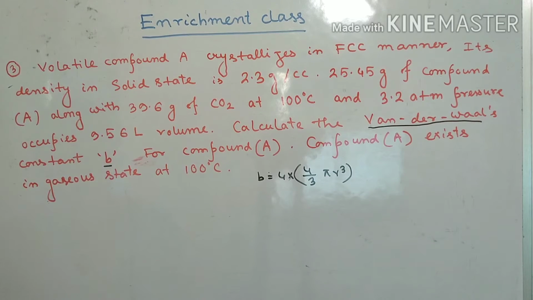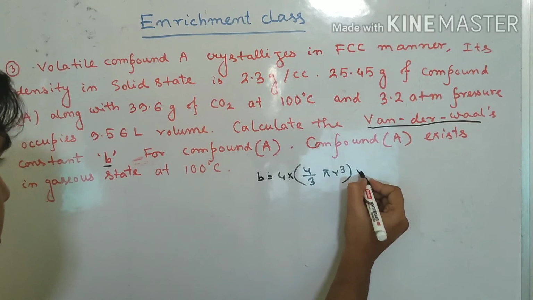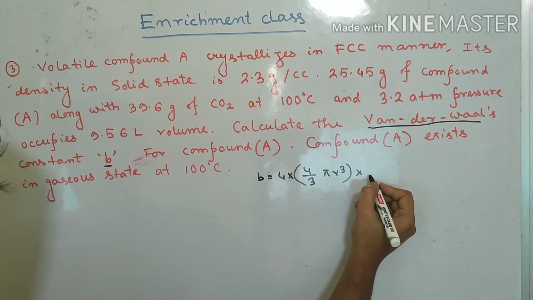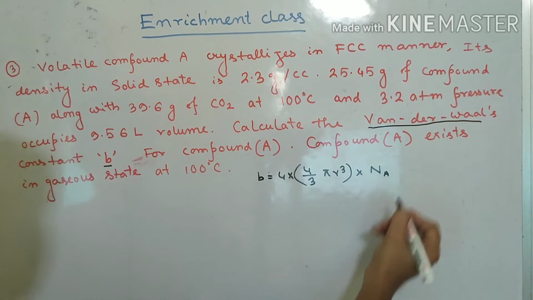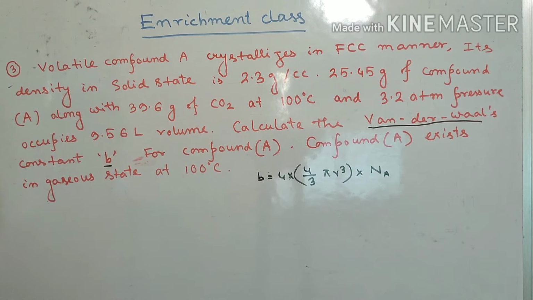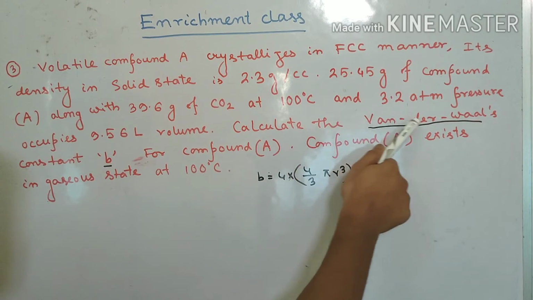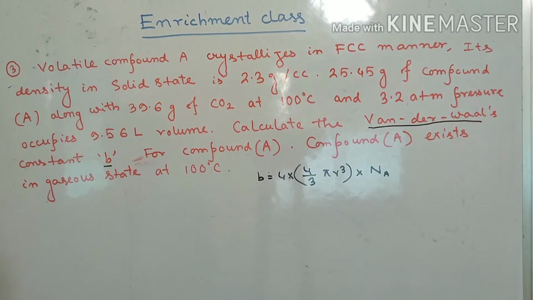Here it should be multiplied with the number of atoms also, Avogadro number, because we have to calculate the van der Waals constant B, and in that case we have to multiply the Avogadro number with the formula of B. So for that, do we have everything?